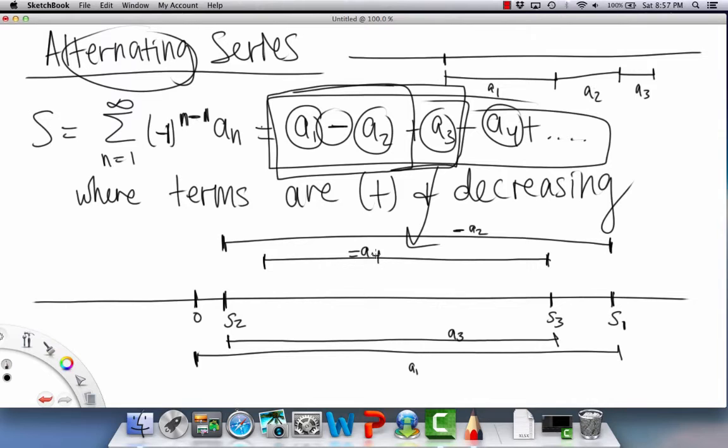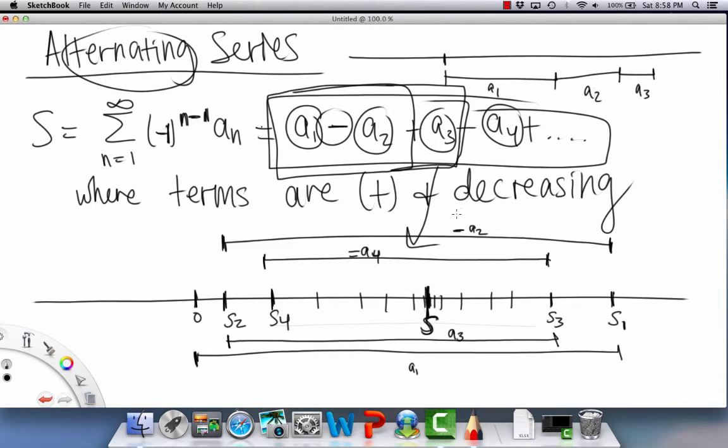So S sub 4 is here, and then we're just going to keep going back and forth. And you see how eventually we'll close in on some number and keep getting closer and closer. So this point, or wherever it is in between here, is going to end up being our infinite sum.